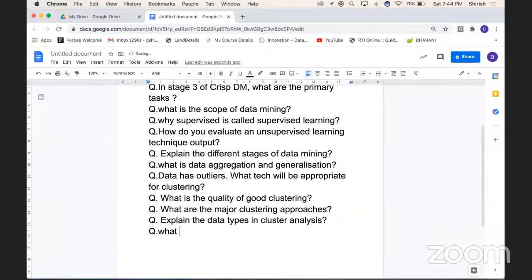Do you have types here? We have only one method? Yeah, friend, tell me. What are the types of hierarchical clustering?